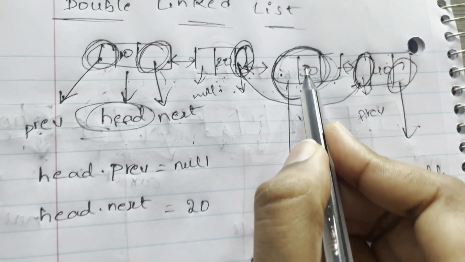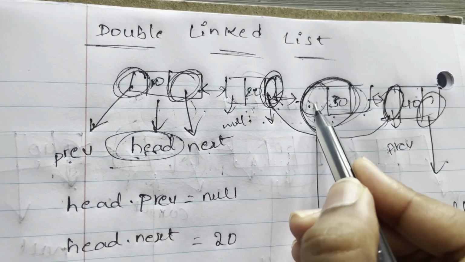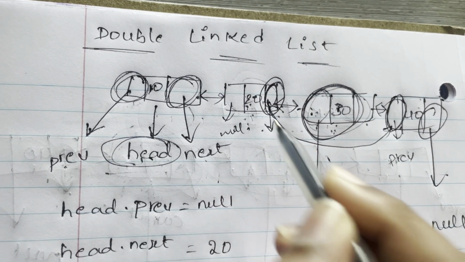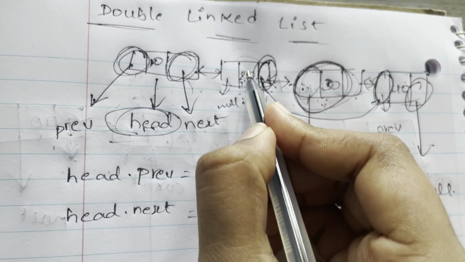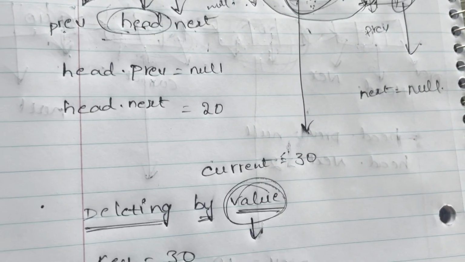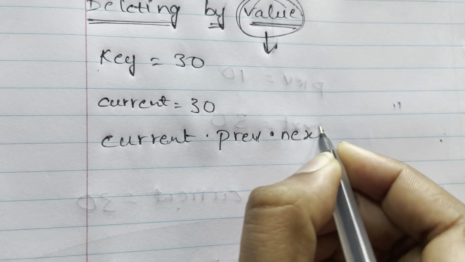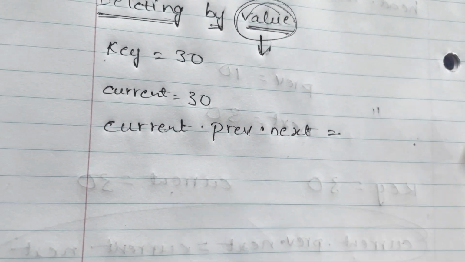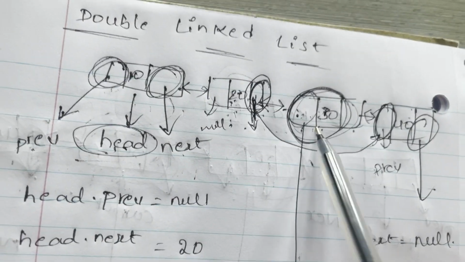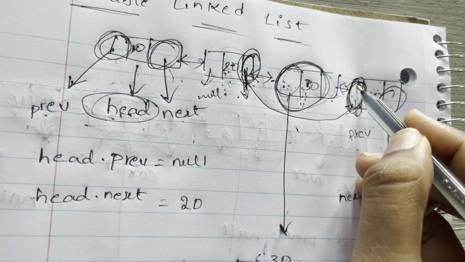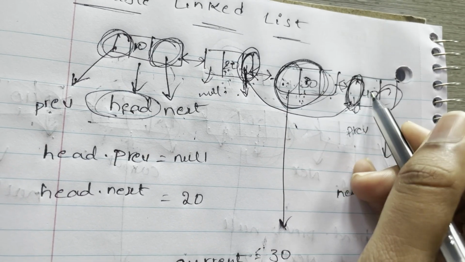Current is this, current dot previous means this will contain the link to 20. So I have current dot previous meaning 20. I want this next. That means current dot previous dot next. Current dot previous dot next will be equal to current dot next. To have this previous, current dot next is this element.